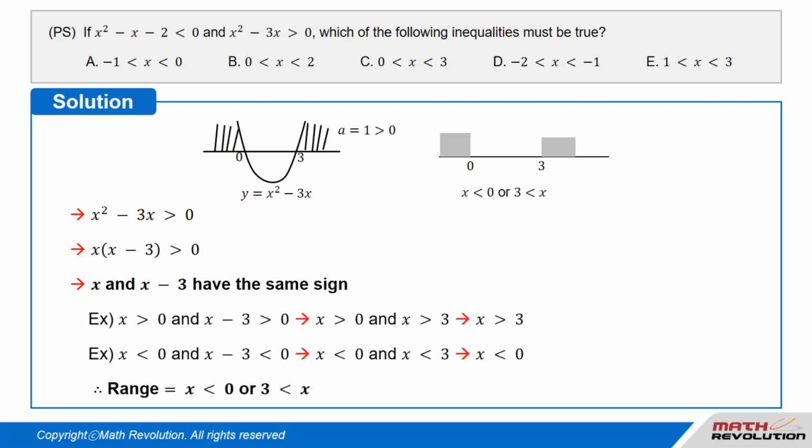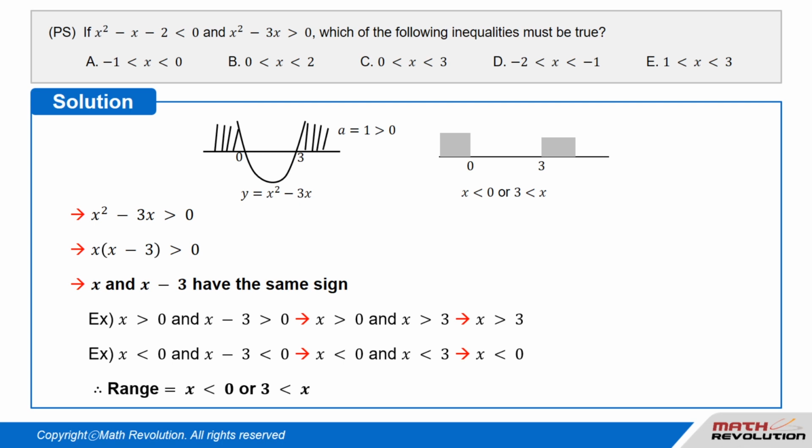That is, x is greater than 0 when x minus 3 is greater than 0, or x is smaller than 0 when x minus 3 is smaller than 0, which means x is greater than 0 and x is greater than 3, or x is smaller than 0 and x is smaller than 3.